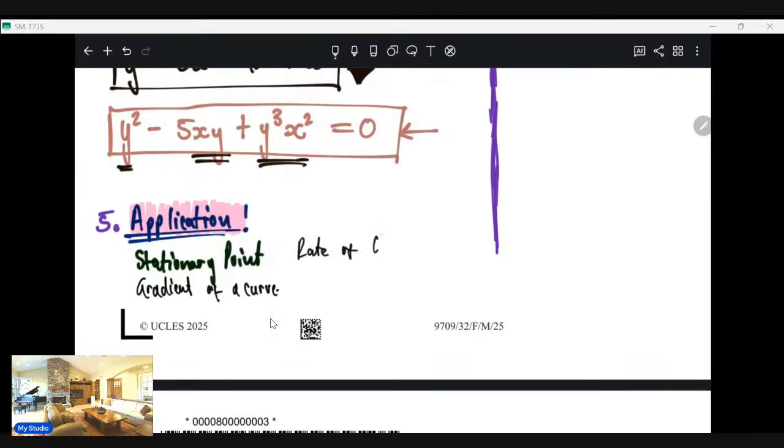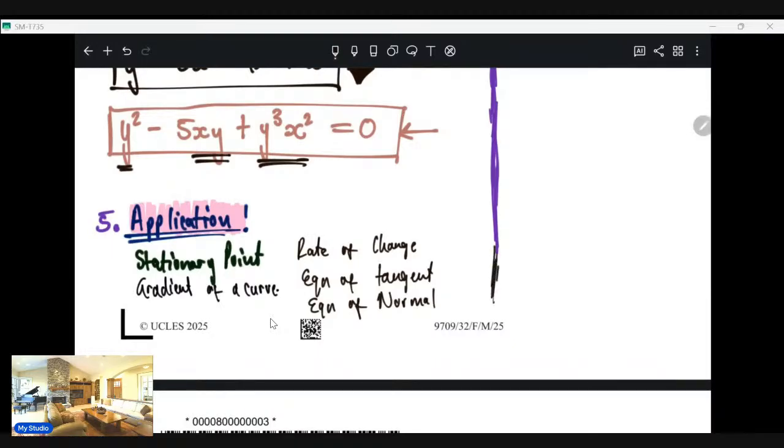It can ask you to find the equation of tangent, or the equation of normal. But all these things, you can only get them after differentiating. That's why we taught you differentiation first. The first part is to differentiate. Then you now start the application, finding these things.